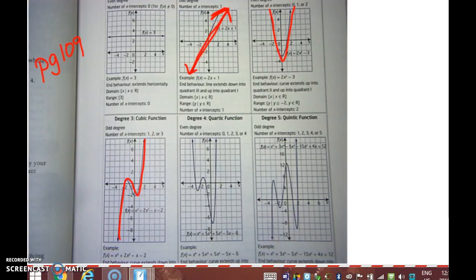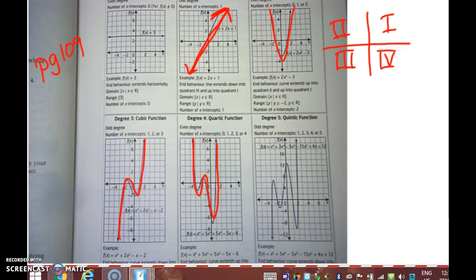For a 4 power, 1, 2, 3, 4 times. So on. If we remember correctly, this is quadrant 1, this is quadrant 2, quadrant 3, and quadrant 4. So the leading coefficient and the degree give us information on which quadrant the picture starts in and where it will end.